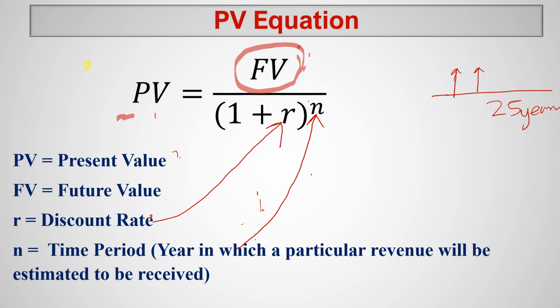We'll study the cash flow rate later in the next classes. So every year you are getting some revenue, or at the end you get some profit from the investment. So we have to convert all the future expected revenue into the present value.